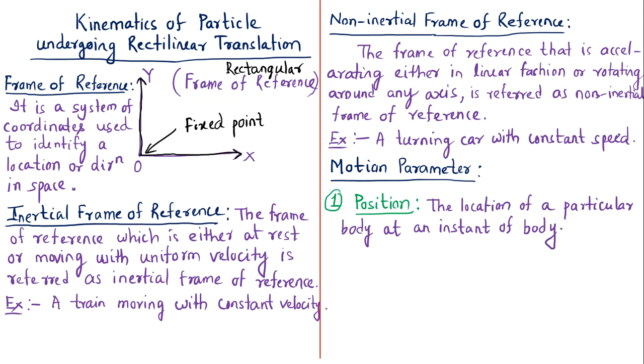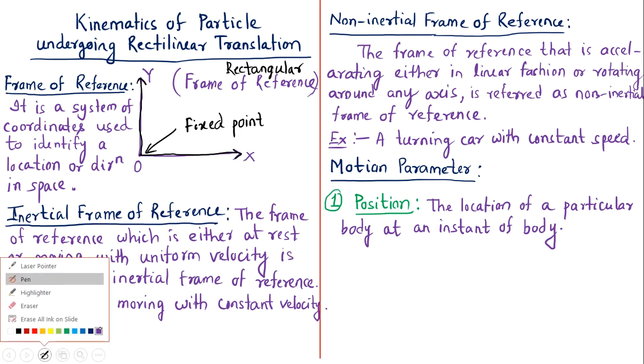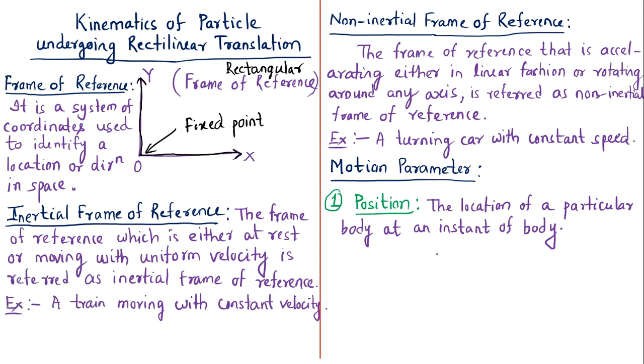Suppose I want to define the position of any body. Let's consider an example. I am considering the frame of reference again. See here, this is x, this is y.